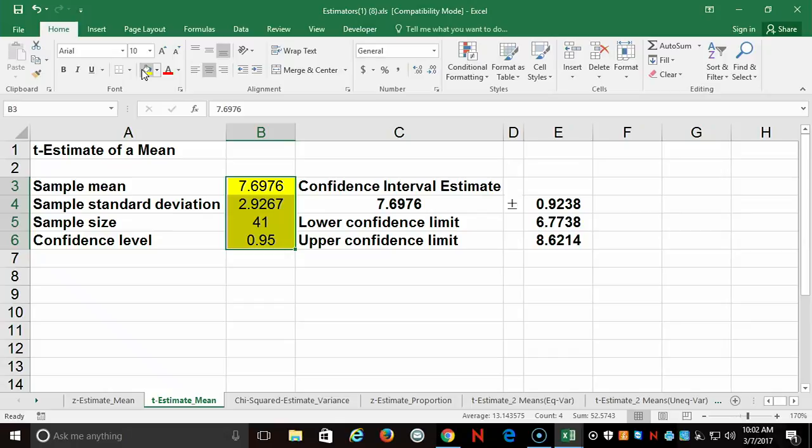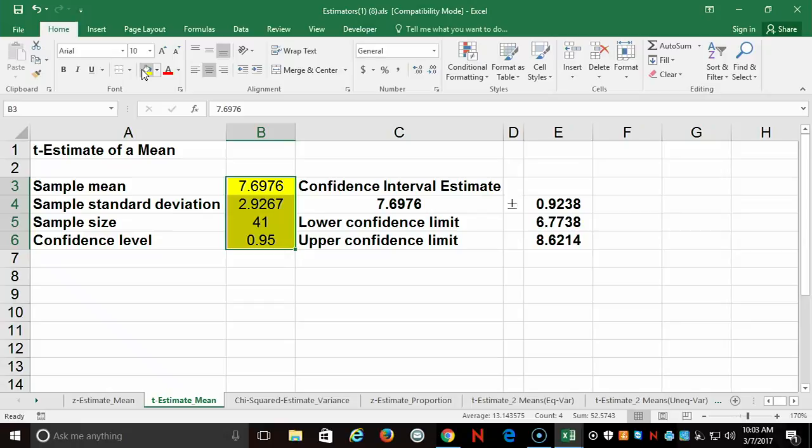Even though we were using the sample standard deviation for the population standard deviation in previous problems, because I didn't want to get into that detail, it was really wrong to do so. You understand why we use T-estimate mean instead of Z-estimate mean if we don't know the population standard deviation.